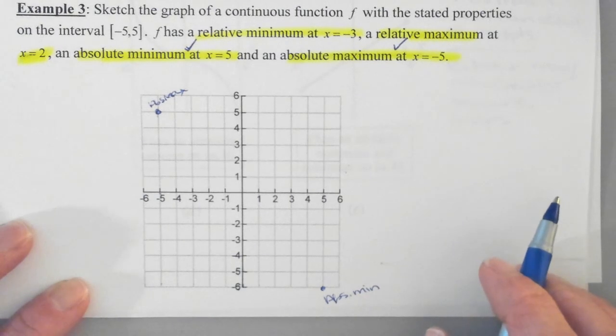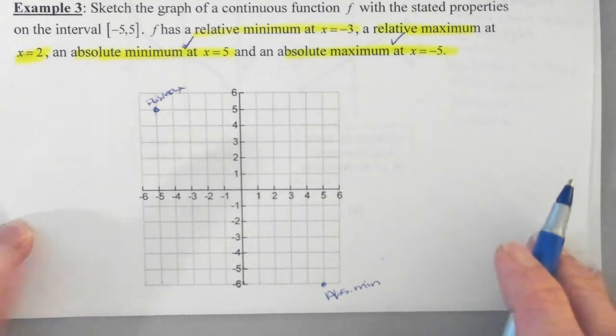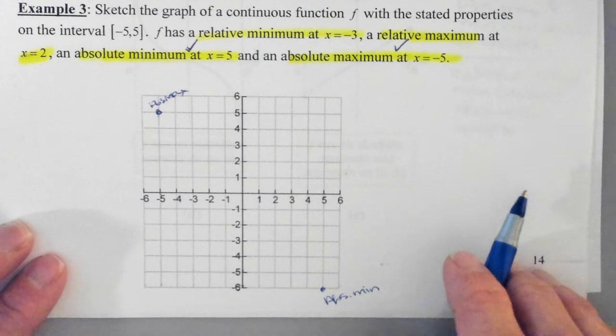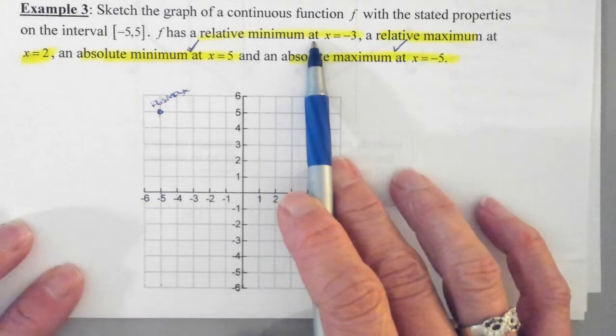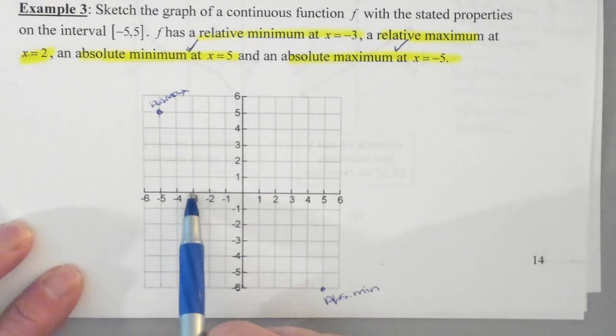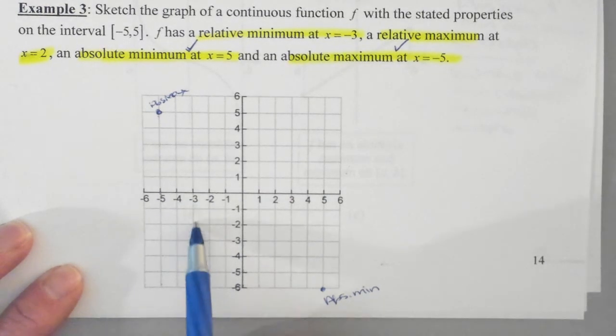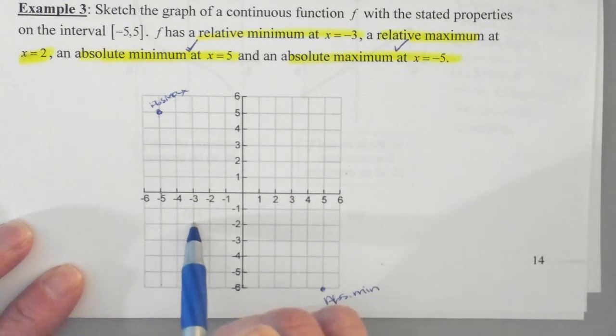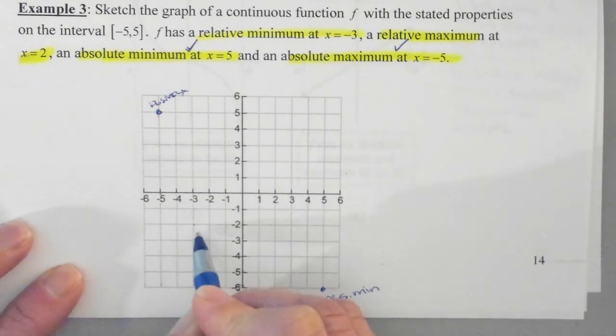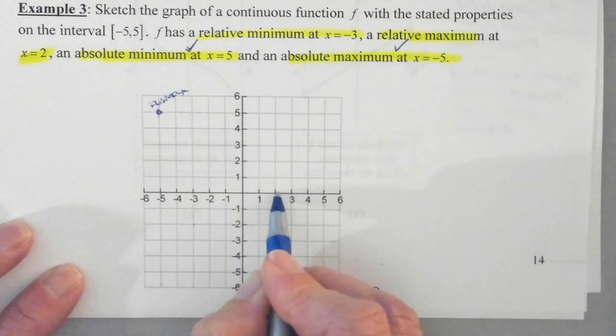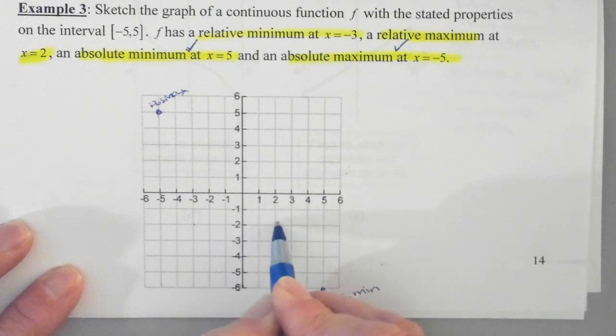Okay, if we do relative min at negative 3, tell me what to do. Go down. Okay, if I go down, that could be a relative min, right? Okay, I'm just going to make a little mark there. You see it? Then a relative max at 2, could it be right here?